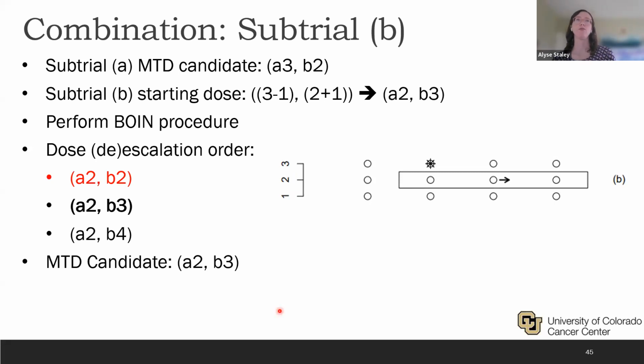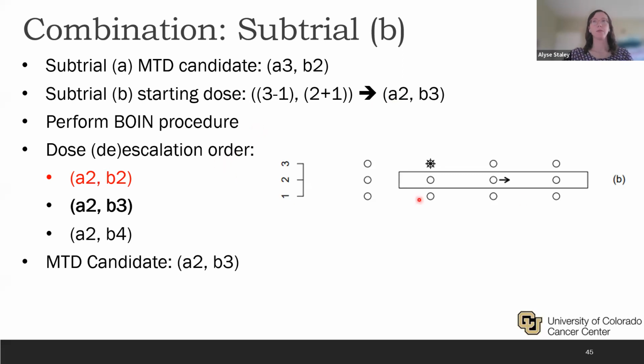It is now time to start subtrial B. We use the MTD candidate from the previous subtrial to determine the starting dose for the second subtrial. Before we had A3B2, now we're going to subtract 1 from A and add 1 to B. That way we are going to use a starting dose of A2B3, and we'll again perform the BOIN procedure.